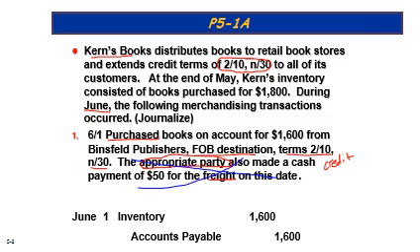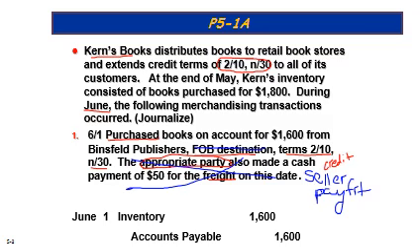Because it's FOB destination, the seller is going to pay the freight. So we don't care about the fact that the seller paid the $50 for the freight. We're going to ignore that.